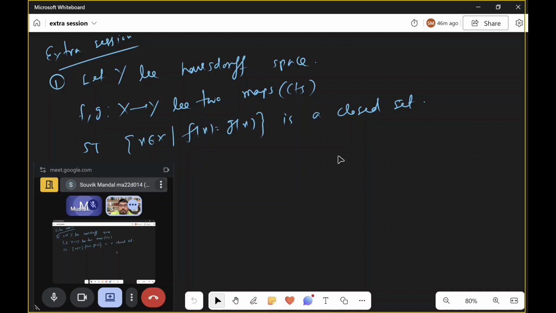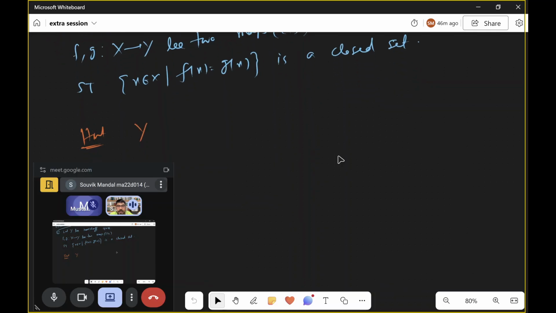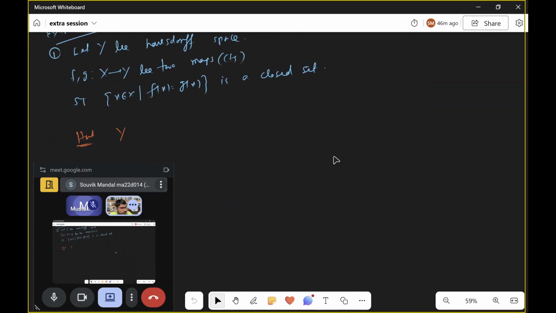Take your time. Let me know. Basically, one extra thing that has been given is that Y is Hausdorff. So here is the only hint: since Y is Hausdorff, its diagonal is closed in Y cross Y. Now try to use it.